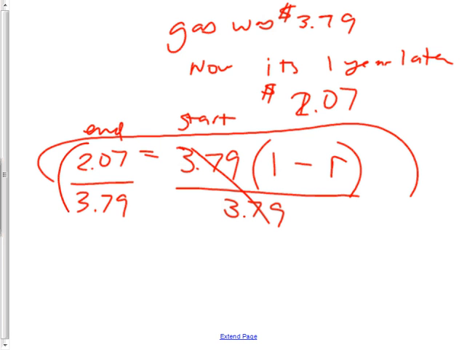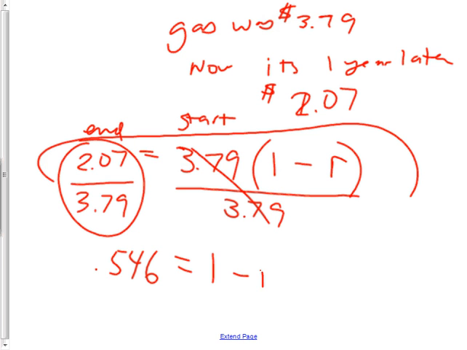Cancels. This comes out to some decimal. Somebody help me with that. What'd you get? 0.546. Can anybody verify that? Okay. And it doesn't say how to round, so better to be a little more accurate and use 0.546.